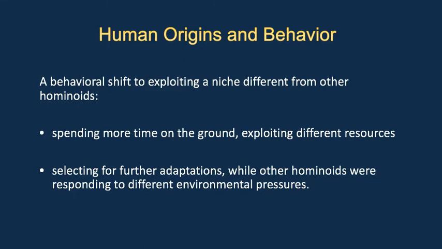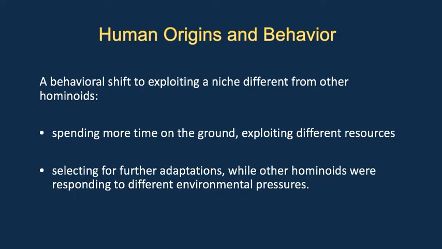Okay, so what we see here is evidence, most likely, all of these anatomical changes are hinting at evidence for a behavioral shift. So what's probably happening here is that our distant ancestors start exploiting a different niche from other hominoids. So the term hominoid is a reference to, like, gorilla ancestors and chimp ancestors.